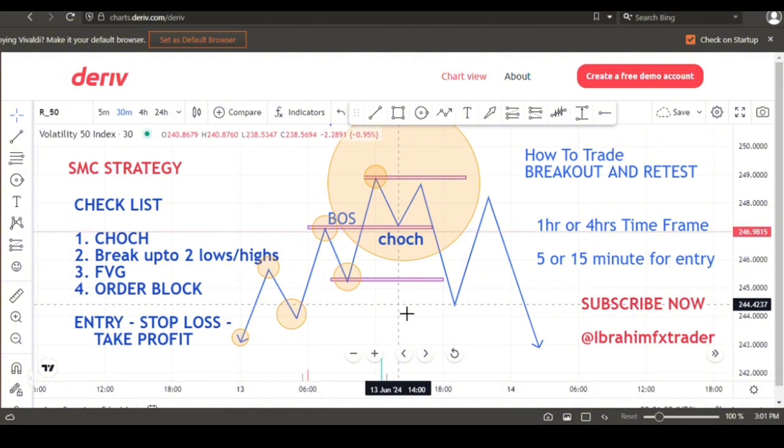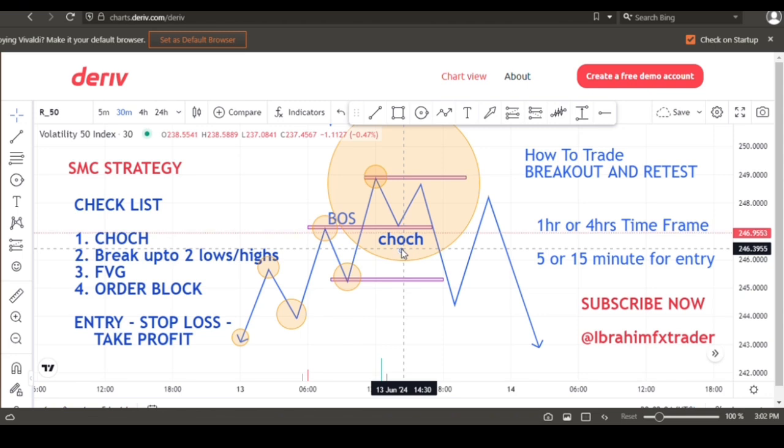So how can you enter a trade with this opportunity to trade profitably? We have got one of our checklists, which is change of character.